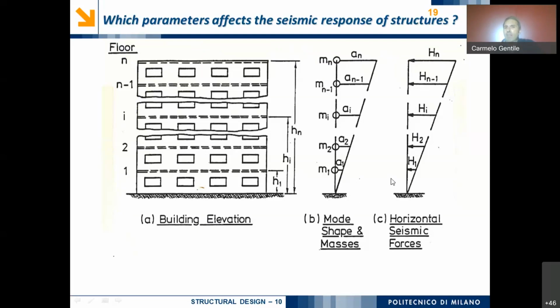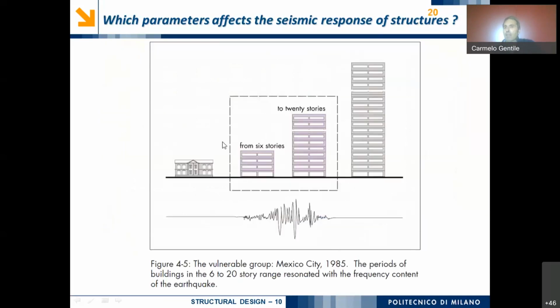We can obtain the force by multiplying an acceleration by the mass of the floor. But that acceleration depends on AG, but it is not equal to AG. Okay? This kind of acceleration basically depends on the structural characteristics of the building.